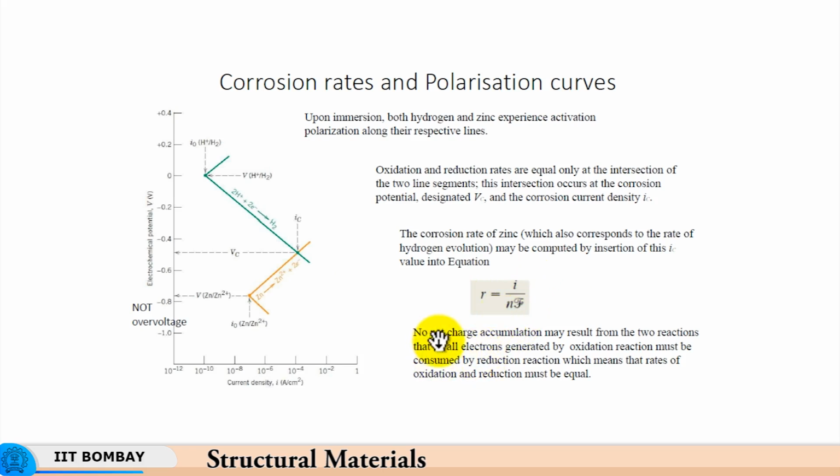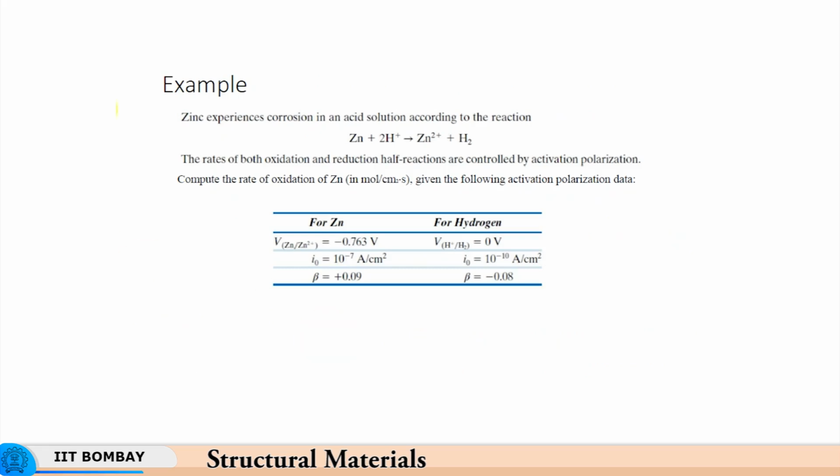So, there is no net charge accumulation at any point, and so the oxidation and reduction reactions at this point are equal, and so corrosion proceeds under the condition that all electrons generated are consumed. So, there is no net accumulation of any kind of charge.